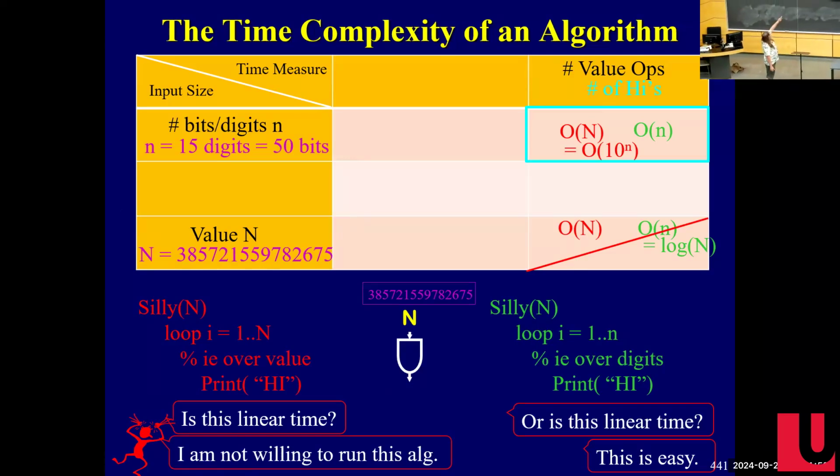So in the bottom model, we're expressing it as a function of capital N, right? So what is capital N as a function of capital N? Well, it's capital N, right? What's little n as a function of capital N? Well, it's log. Little n is log of capital N. The number of digits is the log, right?